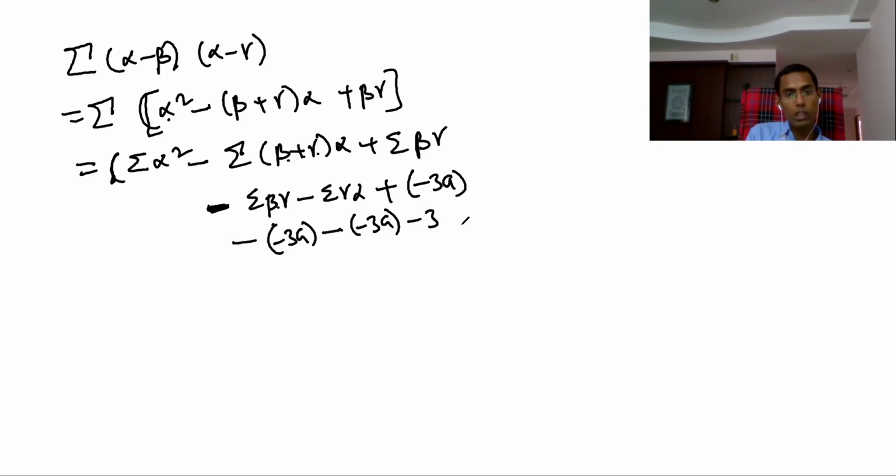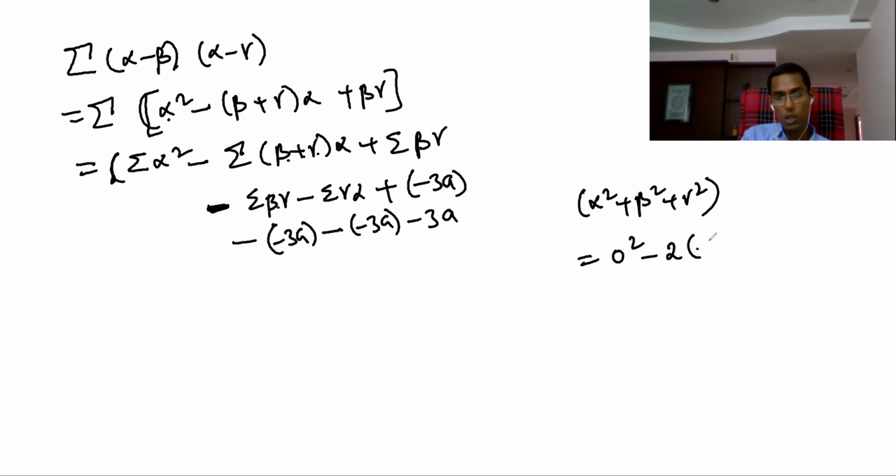Summation alpha square means alpha square plus beta square plus gamma square. This is nothing but alpha plus beta plus gamma whole square, that is 0 square, minus twice alpha beta plus beta gamma plus gamma alpha, that is minus 3a. So this is 0 plus 6a. I am writing directly, this one is 6a.